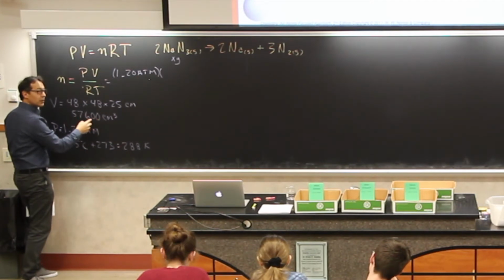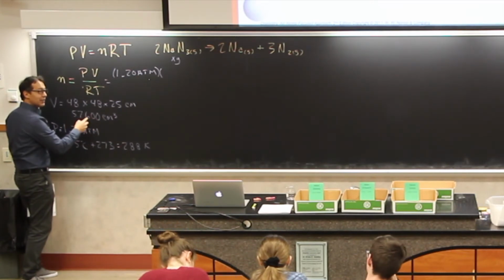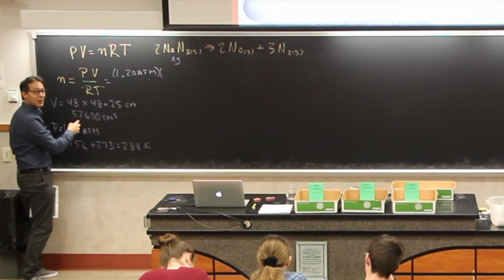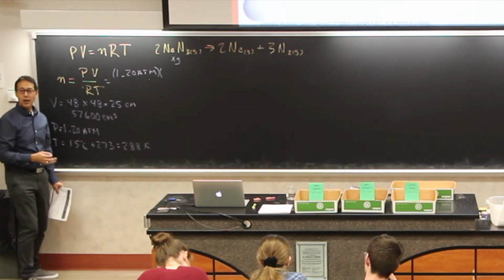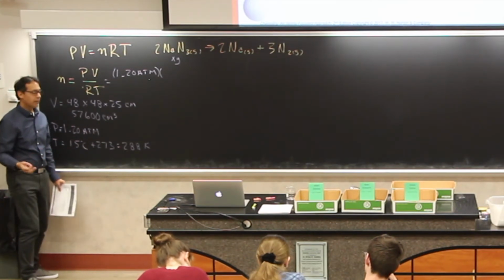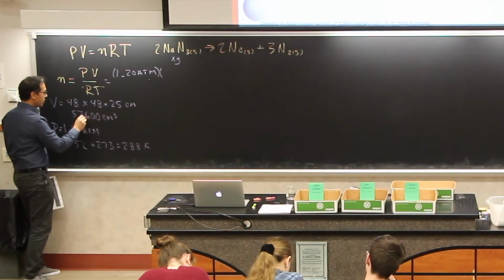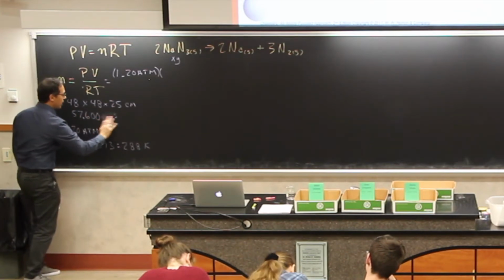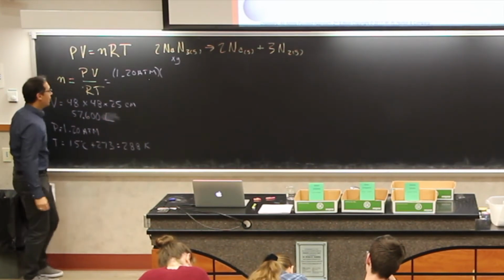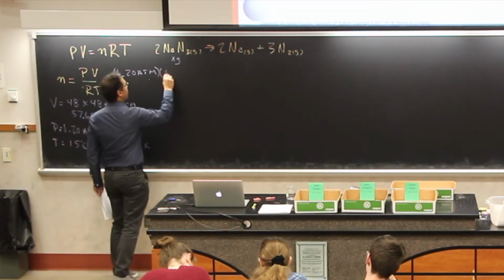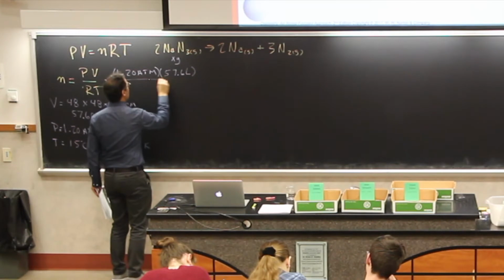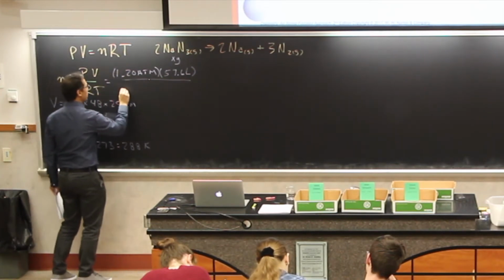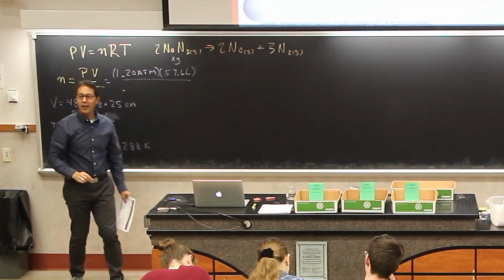How many cubic centimeters are there in a liter? 1,000. It's the same as a milliliter. So we would move the decimal 3 spots, and that's 57.6 liters.